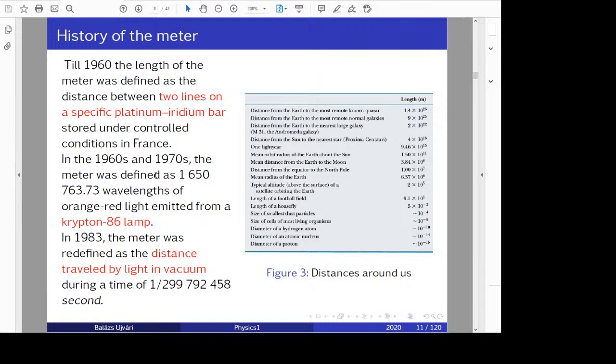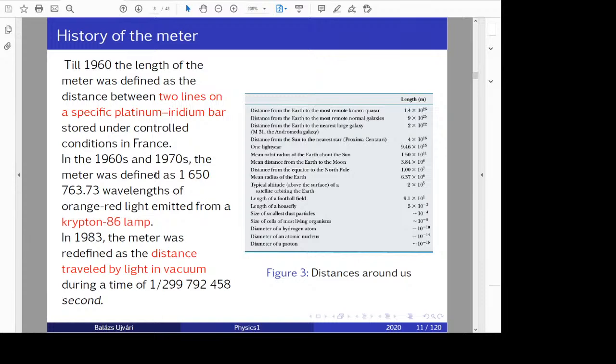So after this SI conference, when they said the meter is the basic unit, we have to have it very precisely. And if anybody in the world wants to know how long 1 meter is, it's not convenient to go always to Paris and copy it.